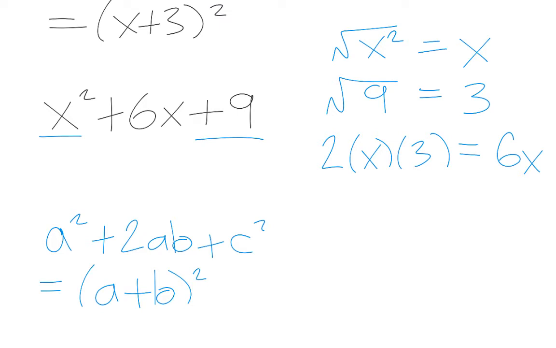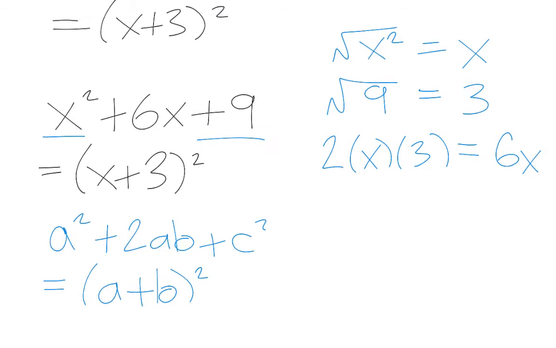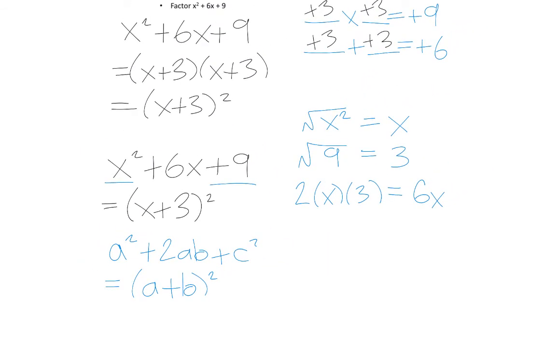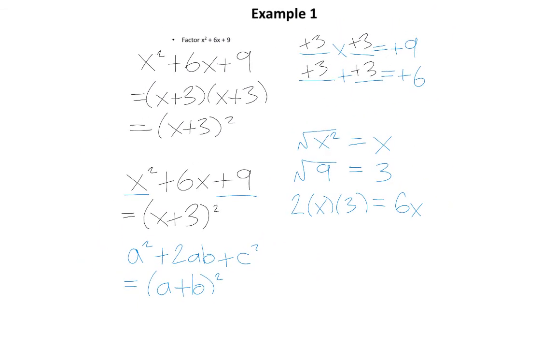Now, if we use that pattern up here, a would be x and b would be 3. If you don't believe the work is right, you can always expand this by using FOIL. And that is a separate way of factoring a trinomial, provided that it is a perfect square trinomial.